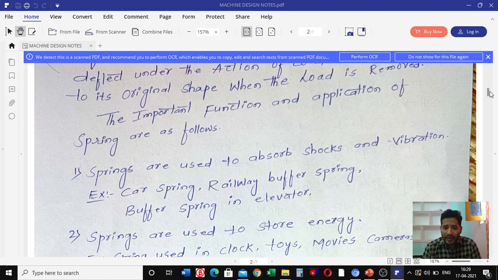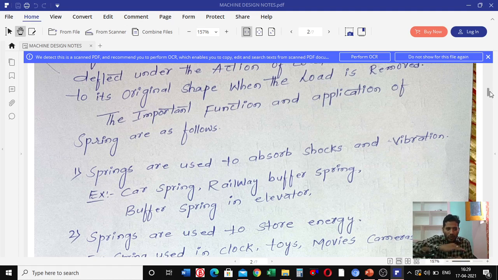The second function of the springs is that springs are used to store energy. I will give an example. When a spring is loaded, this means that if we apply some amount of load on the spring, then the spring will absorb the energy.